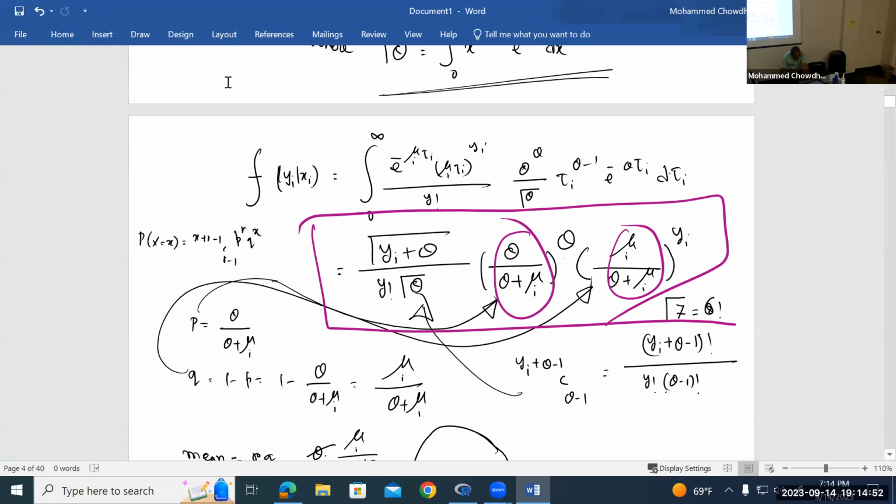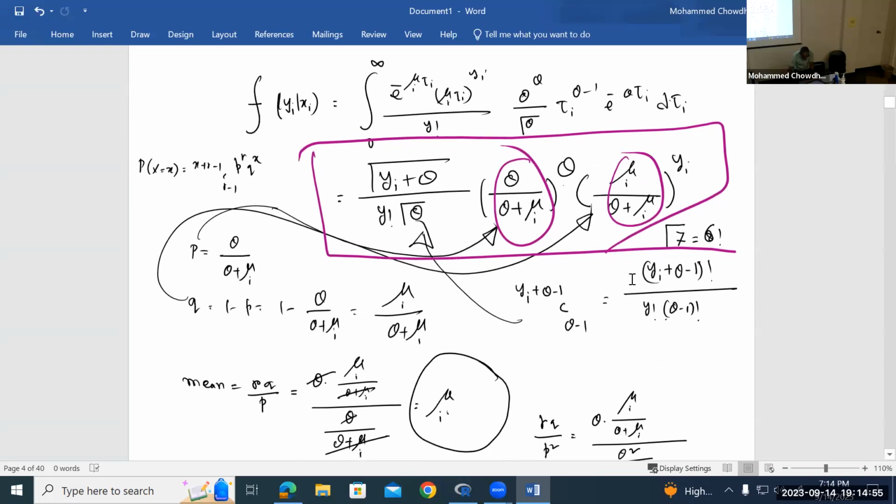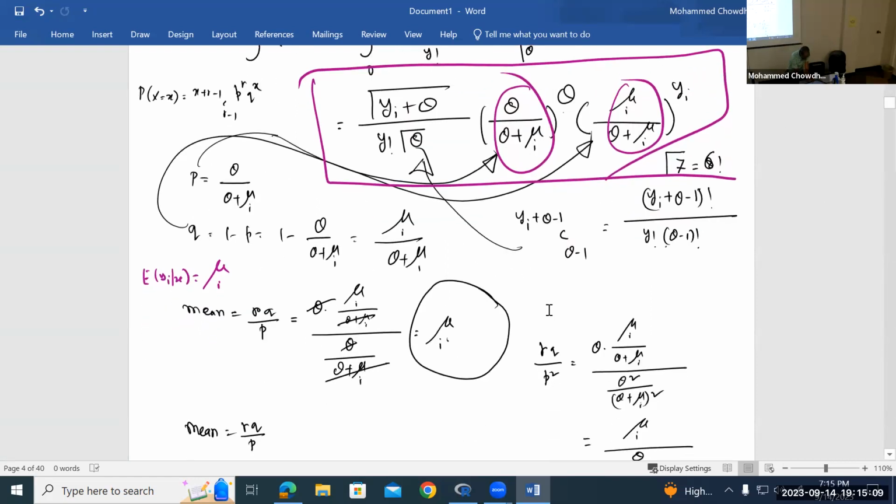So now if someone finds the expected value of yi given xi, he will find the mean mu I. This is what I said in here. RQ over P was the original mean. Now R equal to this theta, this is my P, and that is my Q. When I plug these things in, I got the mu. Mu is the mean which exists in this negative binomial distribution. That is what we need.